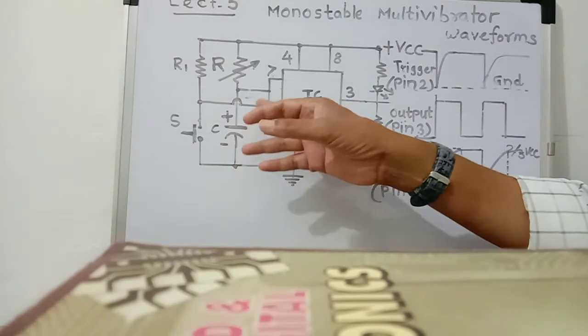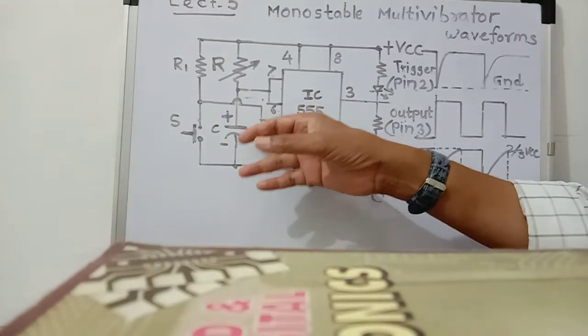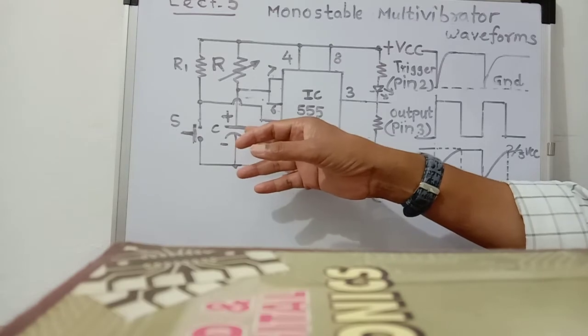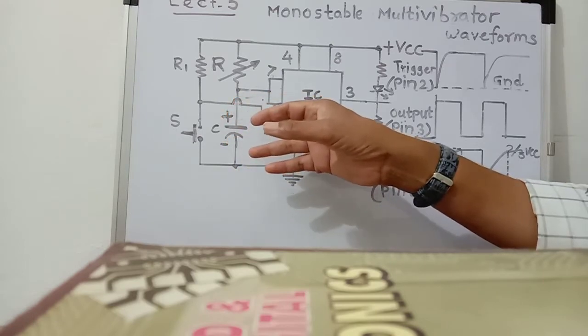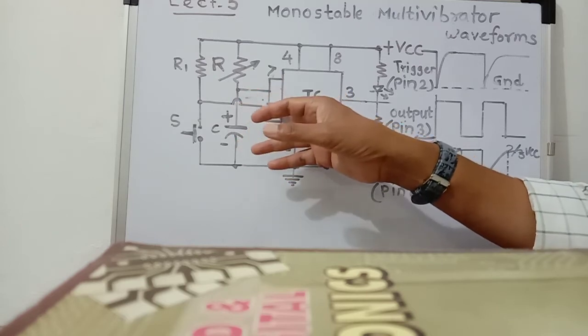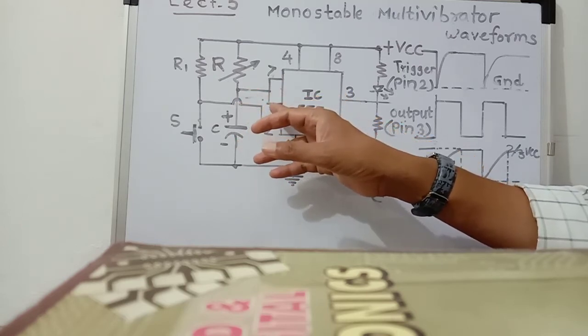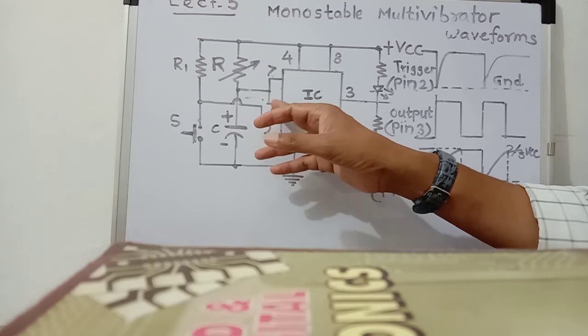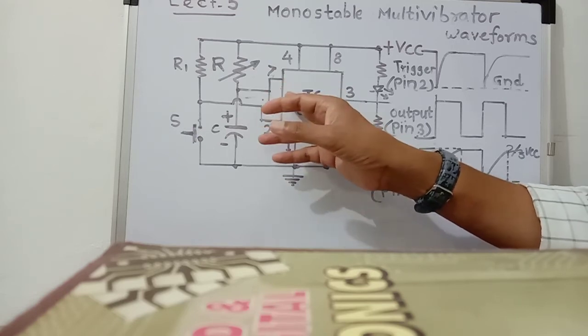When it reaches two-third VCC, this voltage is applied to pin number 6, the threshold input of the upper comparator, and its output becomes high and it sets the flip-flop.